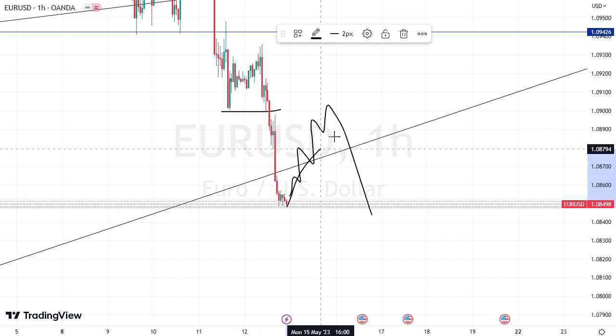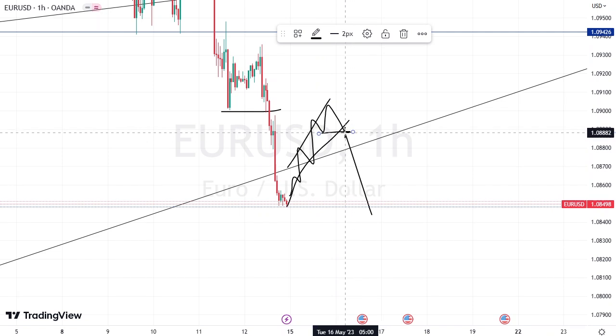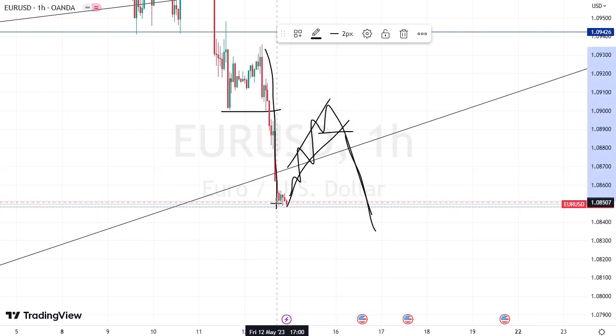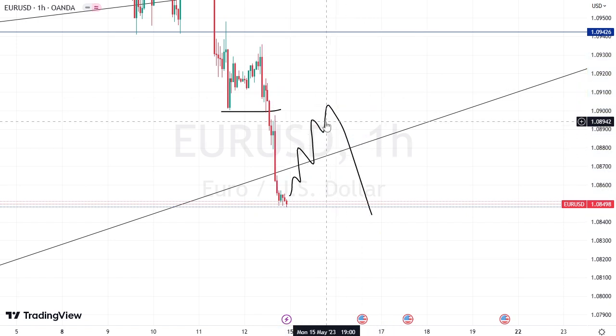So if we get something like this, then we know we're trading where? At the break of this level, then we're shooting down, then we're trading the same length of this correction. So this would be my trade overall.